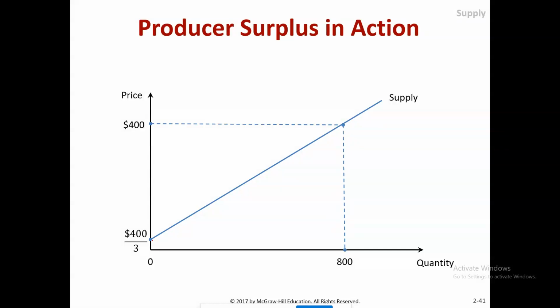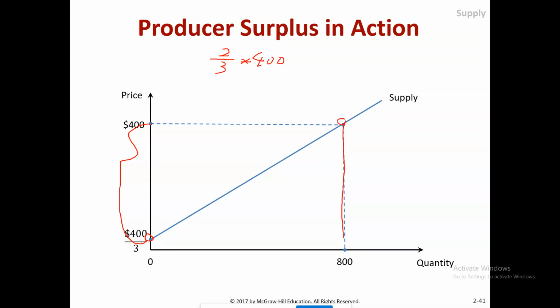You can see the rise over run. If we change from this point to this point, the vertical change is 400 minus 400 divided by 3, so it is 2 over 3 multiplied by 400.